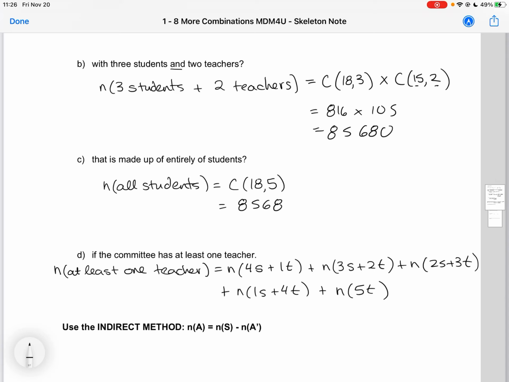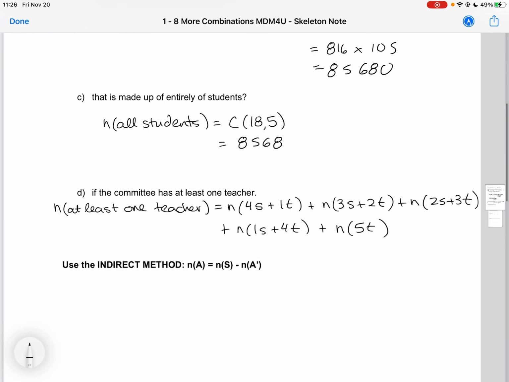Now that is a lot to calculate and can get kind of cumbersome. What we want to use here is the indirect method, where we're going to take our total and subtract the complement.